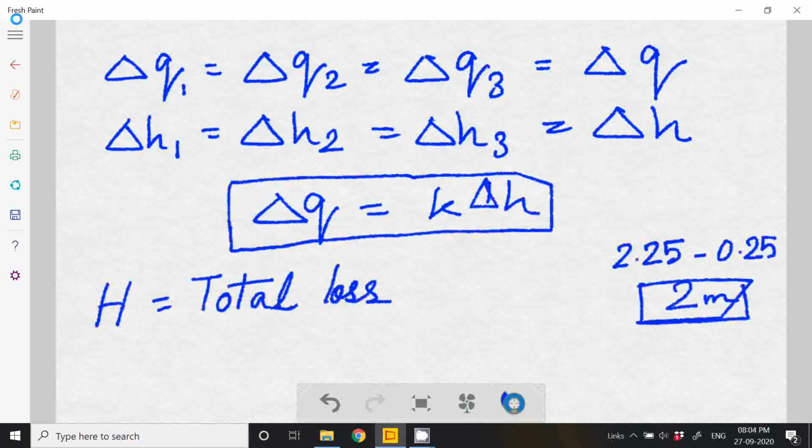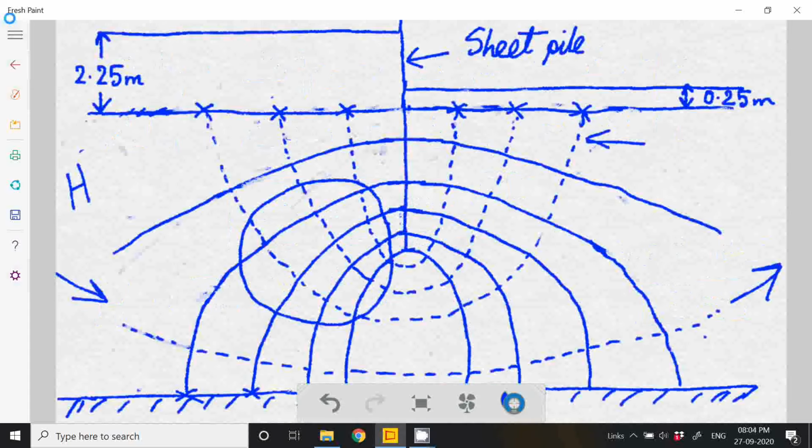Let us now go back to one point here. So the total loss is capital H, and between any two equipotential lines, there is a potential drop, isn't it?